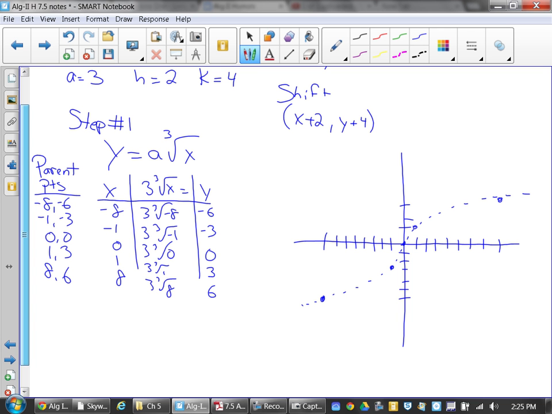Like I said, relatively straightforward. It's not a lot of crazy here. Step 2 then is just taking those ordered pairs and adding the h and the k to it, adding or subtracting depending upon what h and k wind up being.